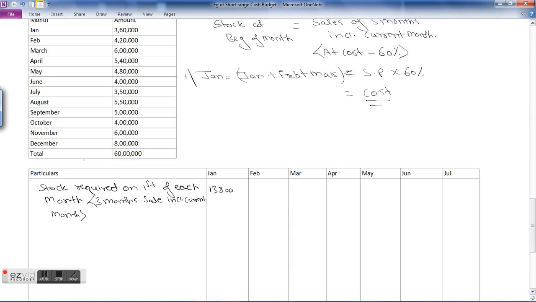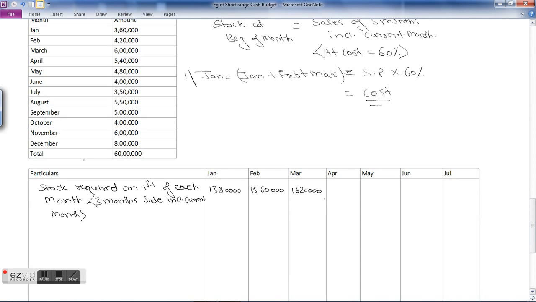For the month of Feb, it will be 4,20,000 plus 6 lakhs plus 5,40,000. So that comes to 15,60,000. Then for the month of March, it will be 6 lakhs plus 5,40,000 plus 4,80,000. So that comes to 16,20,000. So for the month of April, it will be 5,40,000 plus 4,80,000 plus 4 lakh, right?